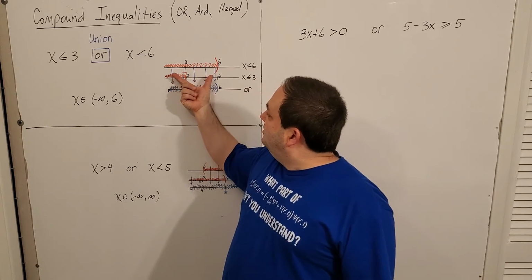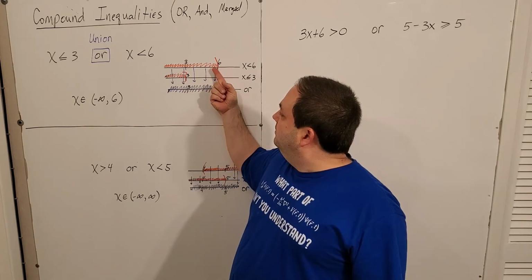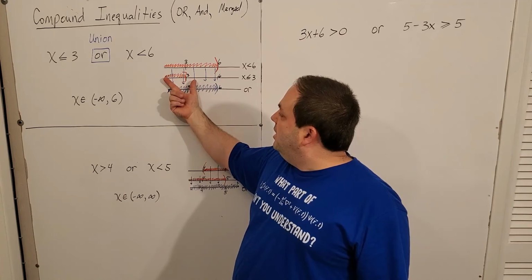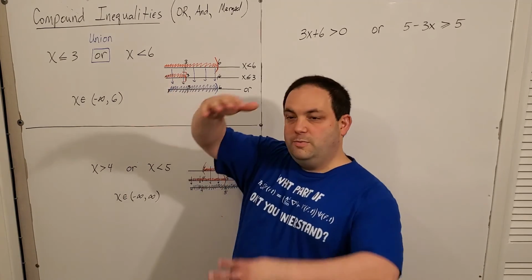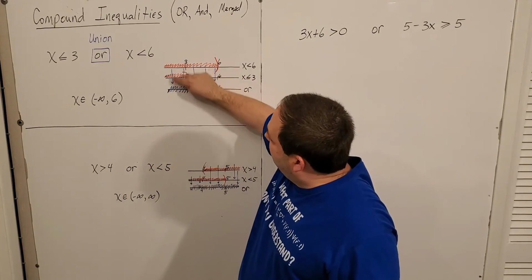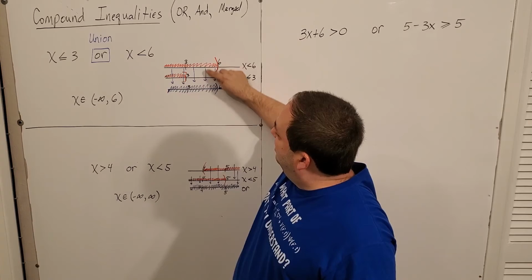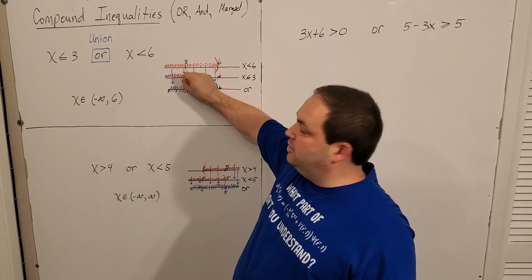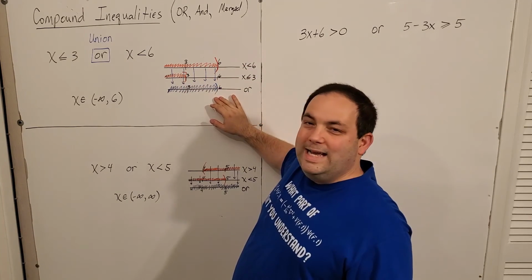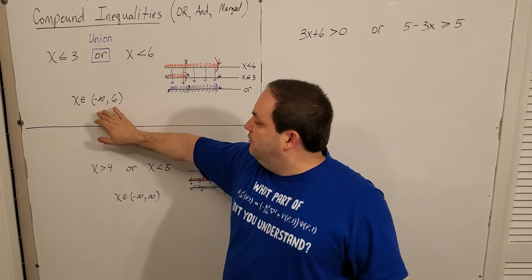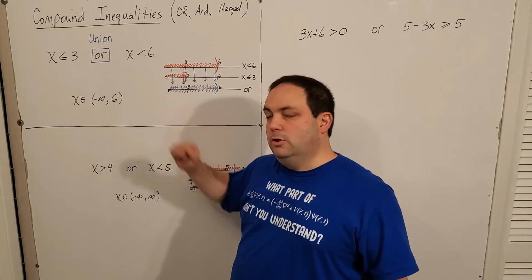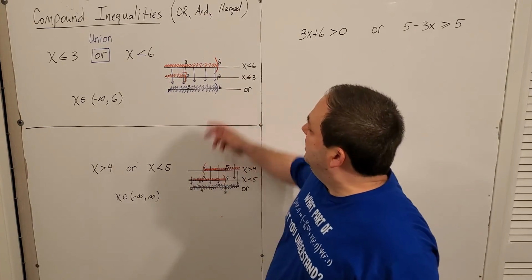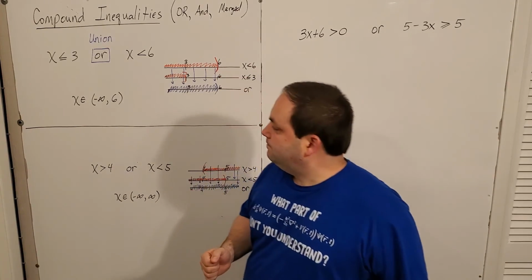So x is less than 6, I've graphed. x is less than or equal to 3, notice the bracket because of the equal to. And then or just means mash them together. So as you can see, everywhere there's a shading, I'm just mashing these two together, and this is what I get. So I have the interval from negative infinity to 6, of course not including the 6, because neither one of the sets has 6.